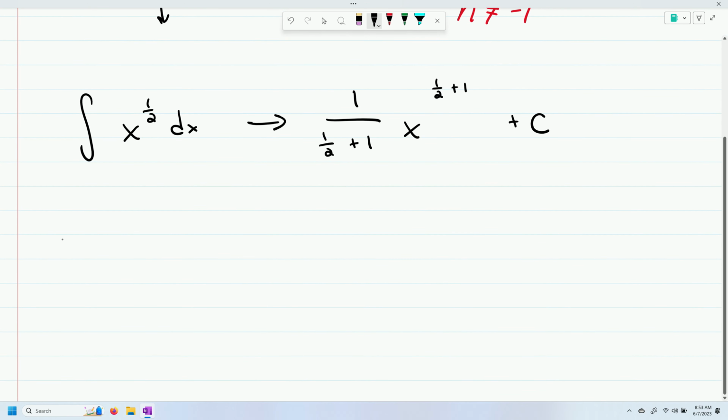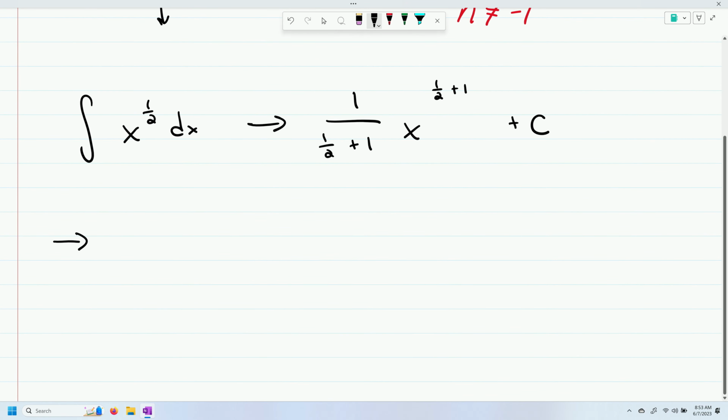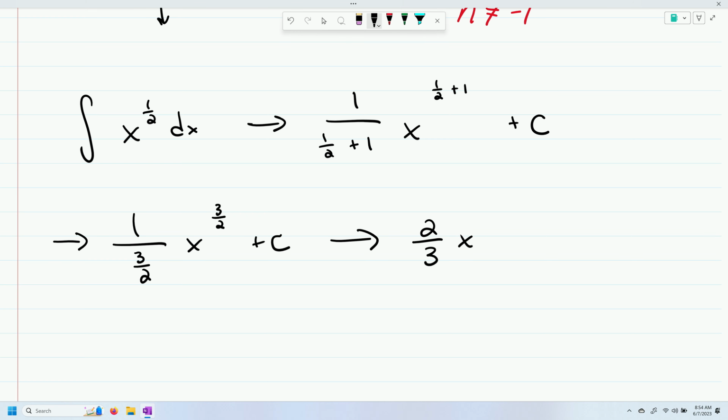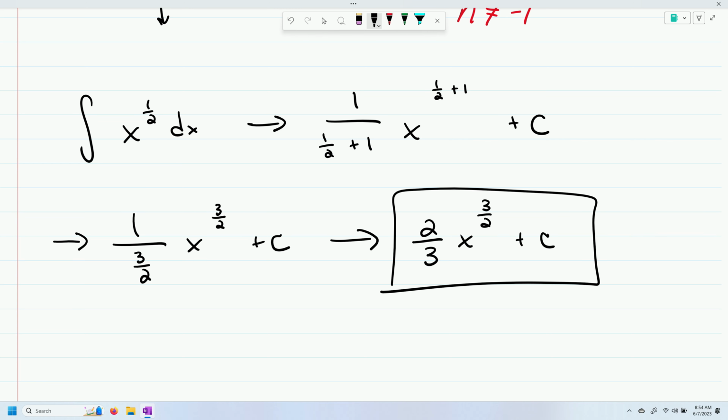And then just using some basic algebra here, we get 1 over 3 over 2, x to the 3 over 2 plus c. And finally, to simplify the coefficient, it's going to be 2/3 x to the 3 over 2 plus c.